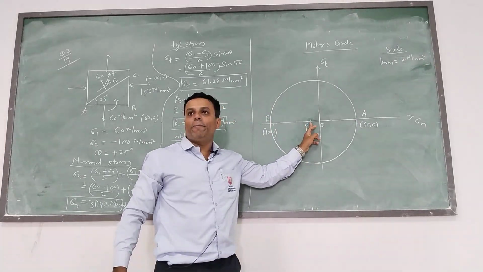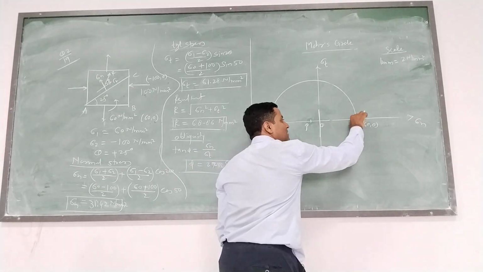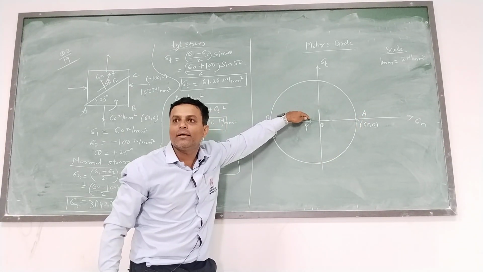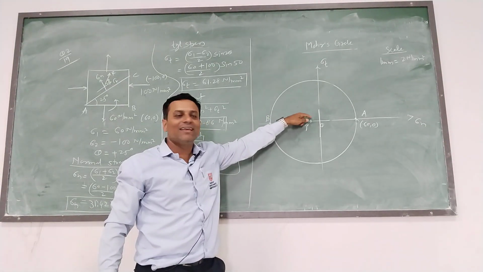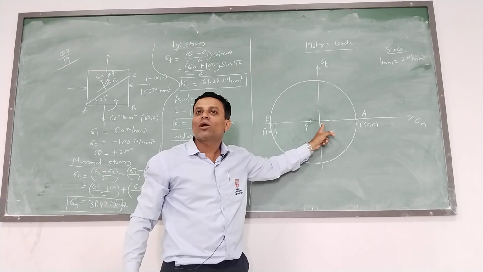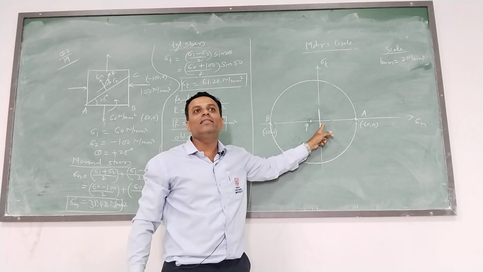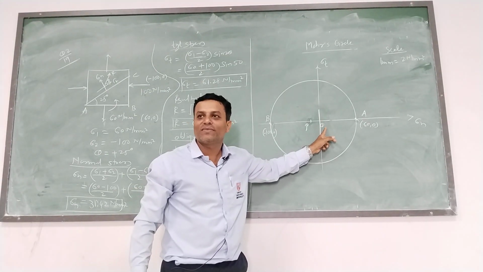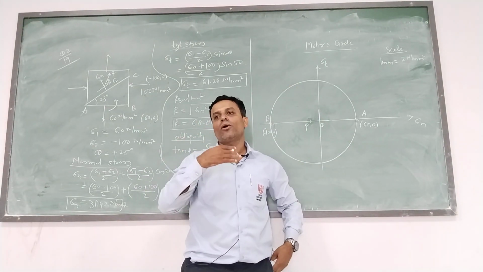This is point P. This is your B and this point is A, and this point P is nothing but the Mohr's circle center. And this O is the coordinate center. Understood? All the answers we are going to measure from O. Okay, so this is the Mohr's circle. Draw it.